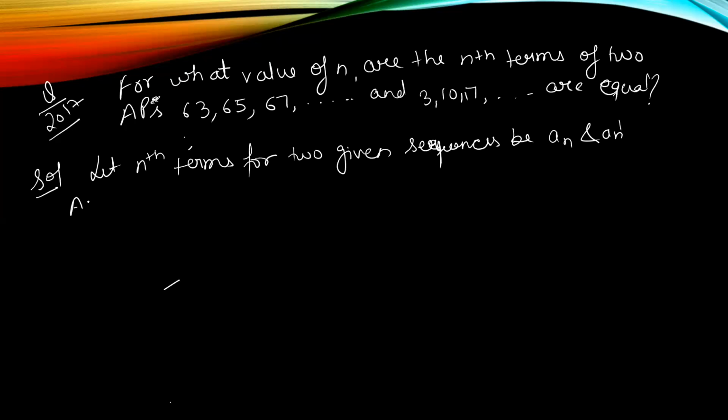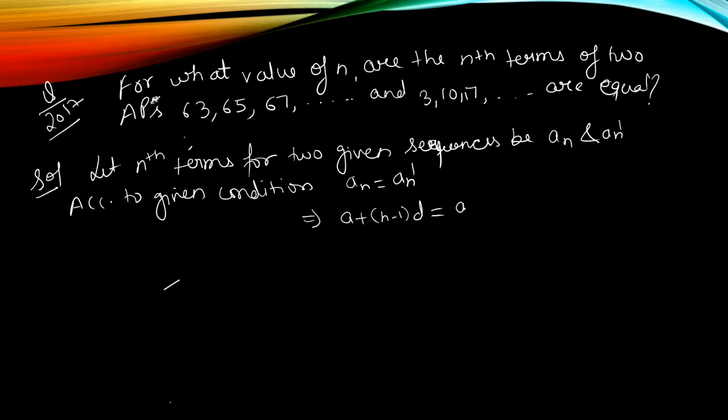Now according to the given condition, your a_n is equal to a_n dash, which means a plus (n minus 1)d will be equal to a dash plus (n minus 1)d dash. Here, what is a? This is your first sequence. This is your second sequence.